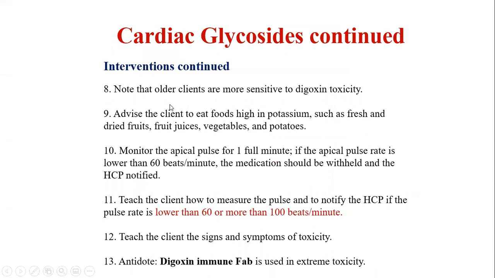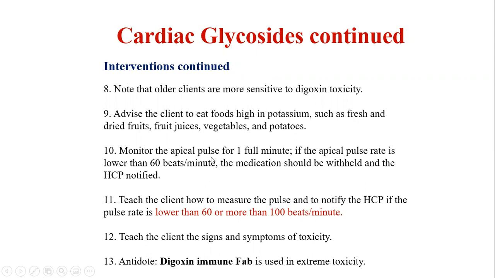Note that older clients are more sensitive to digoxin toxicity because their renal system is not as active as in young patients, which reduces excretion ability. Also advise the client to eat foods high in potassium to prevent hypokalemia, such as fresh fruits, juices, vegetables, and potatoes.